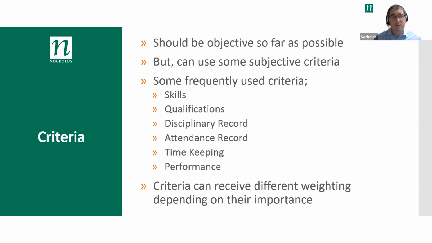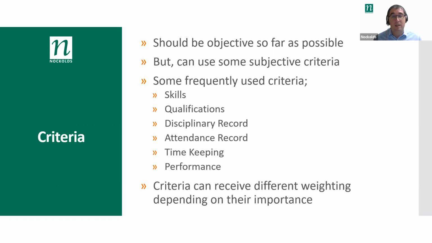The frequently used ones are often skills and qualifications for the roles that you wish to retain, disciplinary records or attendance records, but bearing in mind those who maybe have a disability or who have been off maybe on maternity leave, something like that, you may need to make some adjustments.